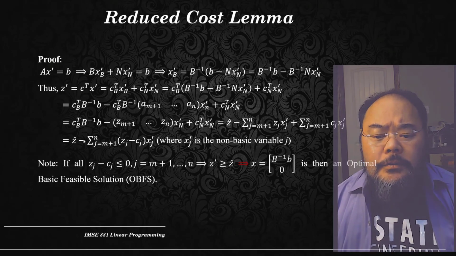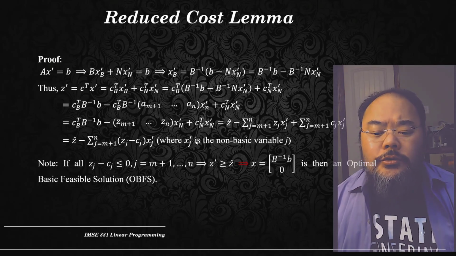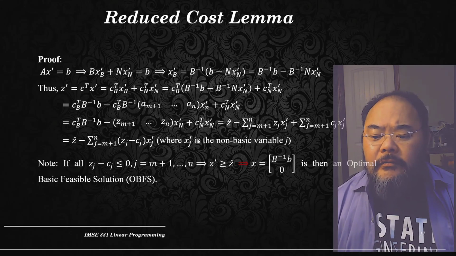With this negative sign right here, I just want to choose the positive zj minus cj for some of the non-basic variables and introduce them as basic variables.